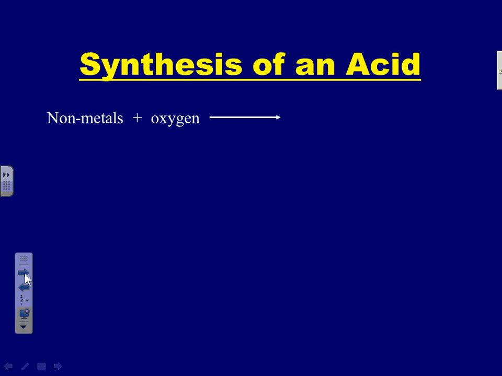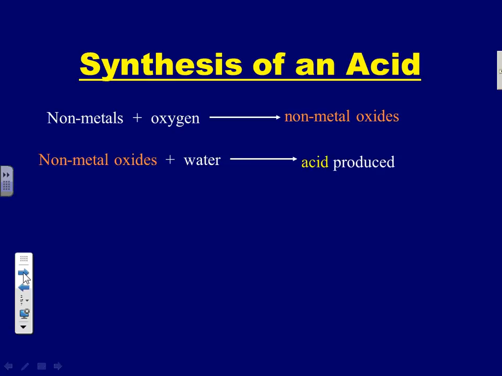So it turns out if you take a nonmetal and you burn it, a combustion reaction, and you produce the oxide of that nonmetal, I think a good example would be carbon. If I take some carbon and burn that carbon in oxygen and produce carbon dioxide, and then you take that oxide and dissolve it in some water, or react it with some water, you end up with an acid.